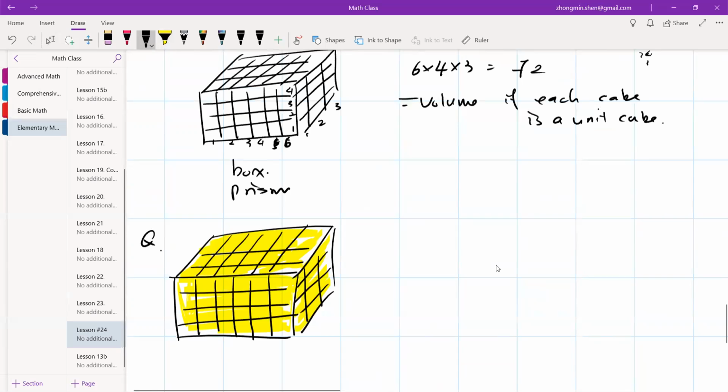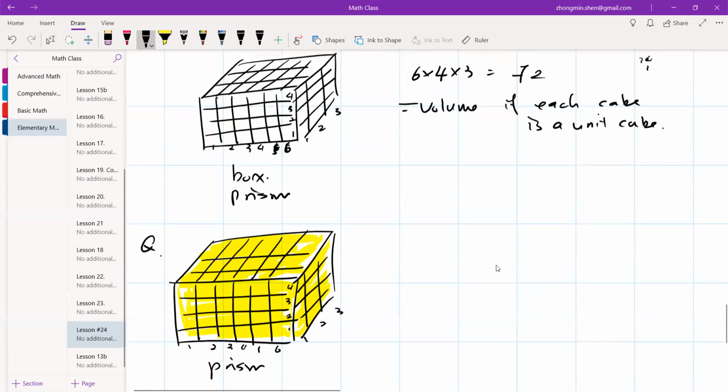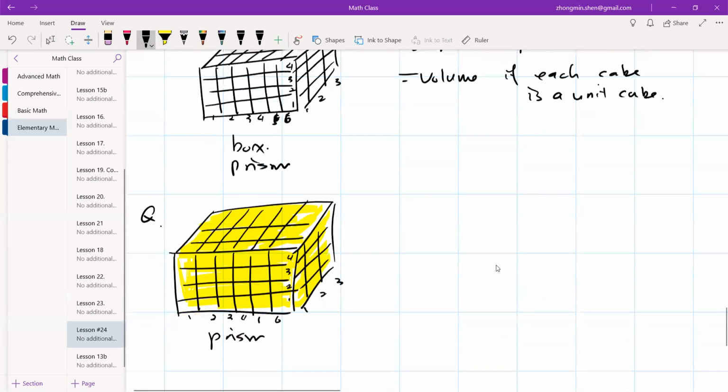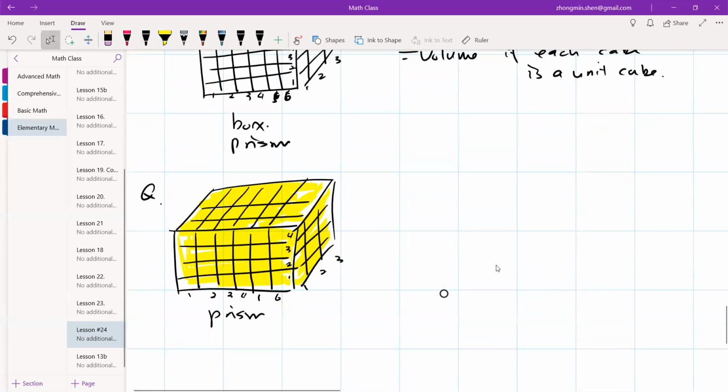This is a prism. It is 6 by 3, and this side is 1, 2, 3, 4. So this consists of unit cubes.